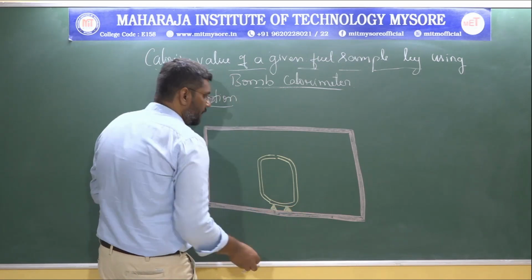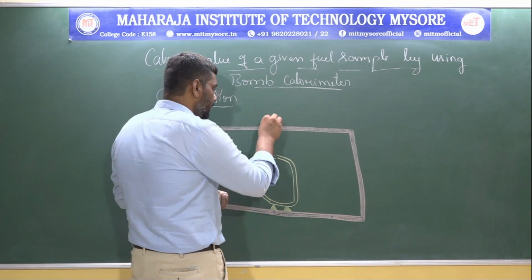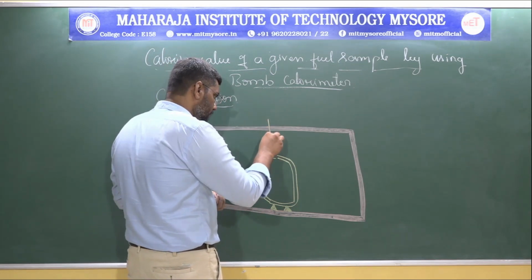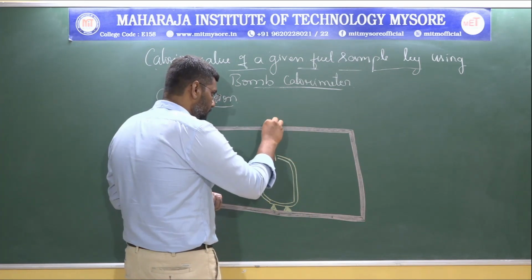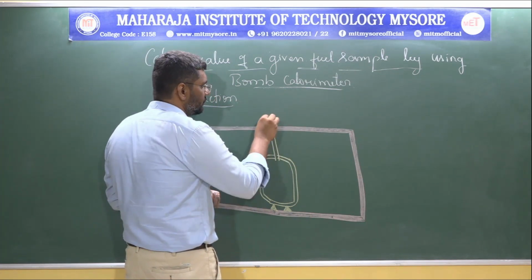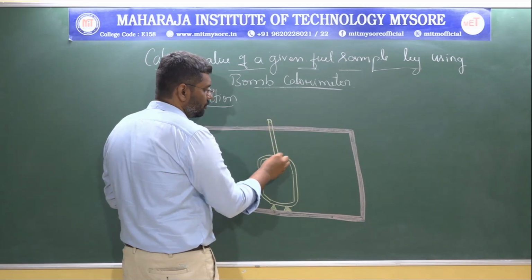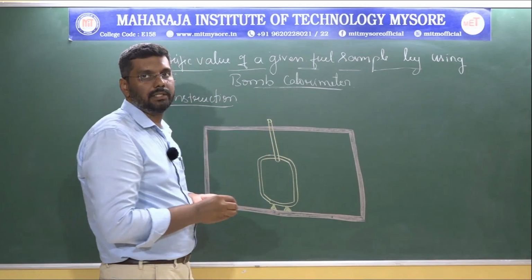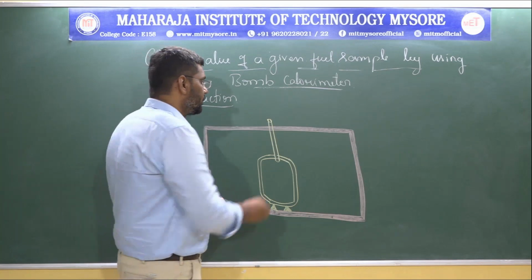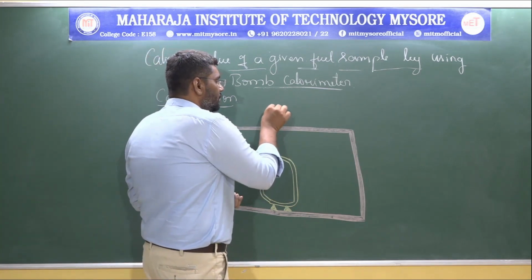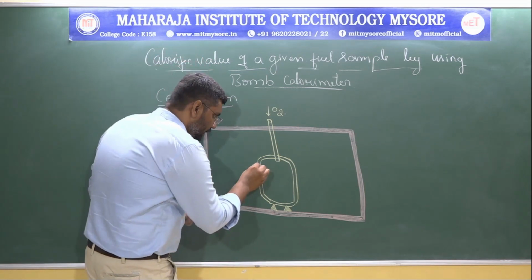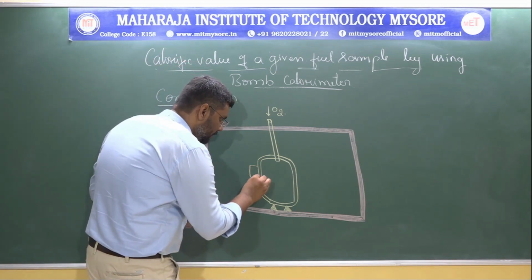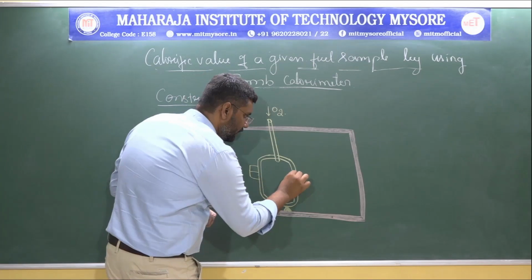It has an inlet through which we pass oxygen, because to burn the fuel completely inside the bomb calorimeter we need to pass oxygen. This bomb is completely sealed.